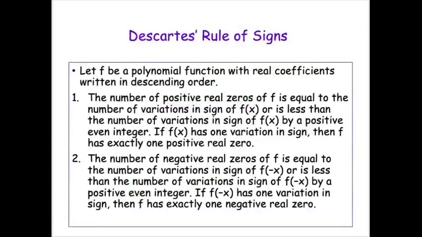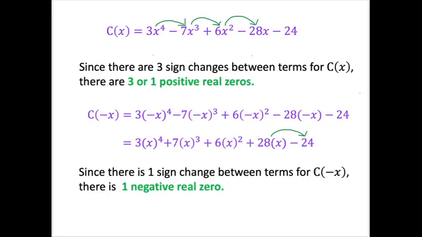And it says that here in the theorem. If f of negative x has one variation in sign, so that's a sign change, then f has exactly one negative real zero. So this is going to help us when we want to narrow down our possibilities for zeros. So we know there could be 3 or 1 positive real zero, and then we know there's 1 negative real zero.